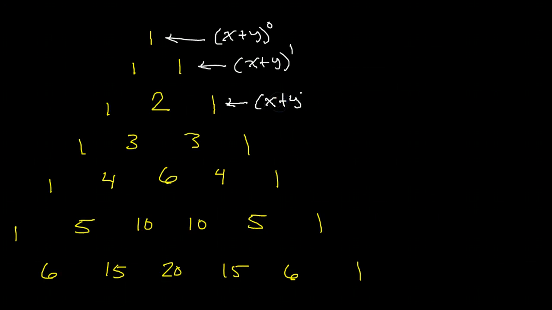And it just keeps going up from there. This would be the coefficients of a second degree binomial. This would be the third degree coefficients. These would be the coefficients for fourth degree.